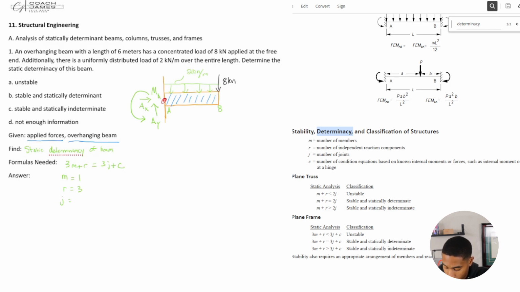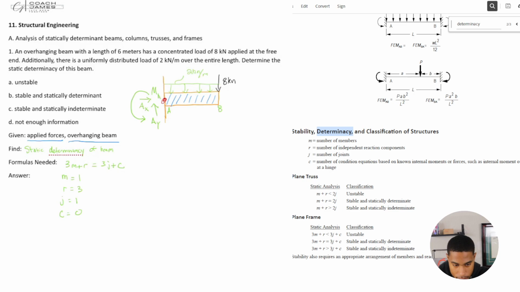So that's one joint, they're joined together. So this will be 1. What about C? There are no internal hinges or anything, so C is going to equal 0.